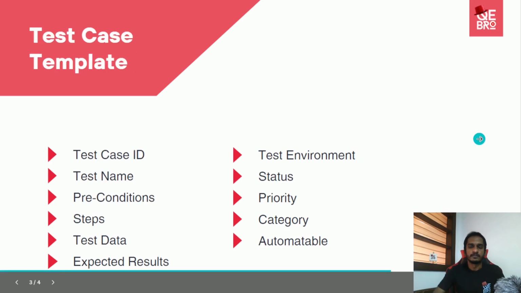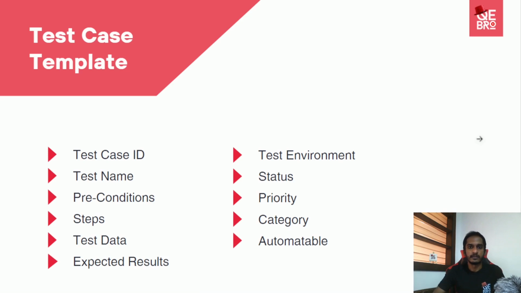Okay, so as I mentioned, we need to maintain consistency throughout writing our test cases, and there I mentioned that it's better to use a template. So here I have given some components which are the most important components for your test case. Next time when you write a test case, make sure that you have the following components or attributes in your test case.